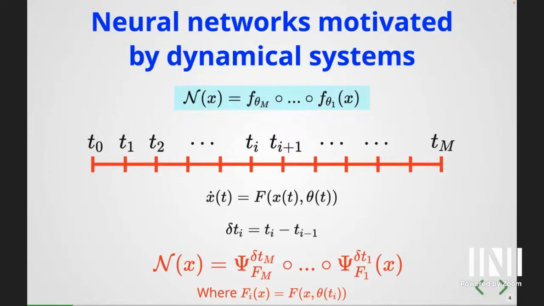I will denote numerical methods or discrete flow maps with psi, with a subscript, which is the vector field f_i, and a superscript, which is the time step delta pi. This is essentially the vector field we get by freezing our vector field in time at a specific time instant. Your neural network is then still a map from input to output space, obtained as the time t flow map, or the approximation of the time t flow map, of an ODE.